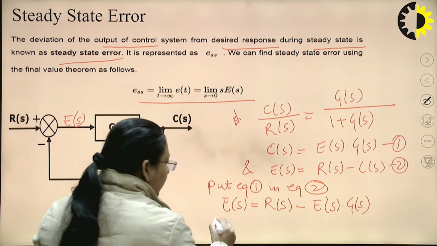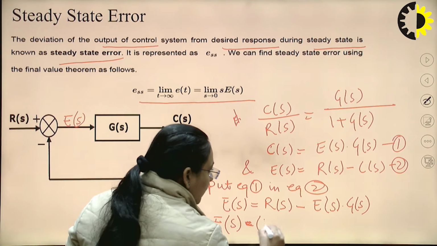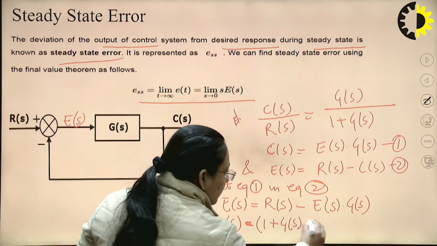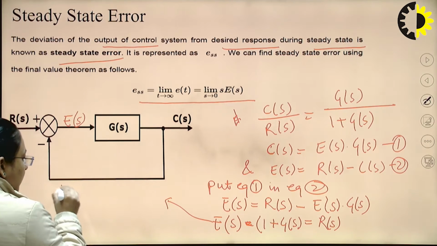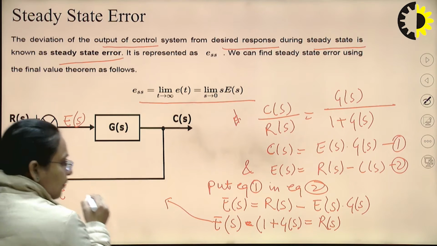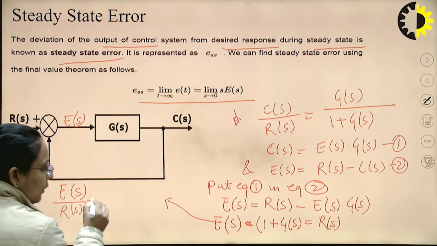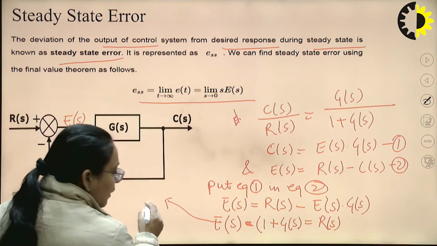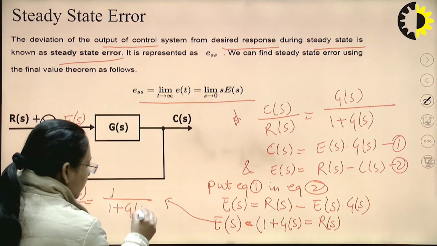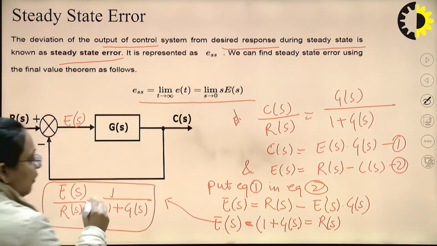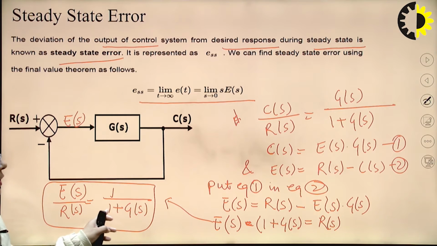From here we take E(s) common, so E(s) into 1 plus G(s) is equal to R(s). From here I can write E(s) upon R(s) will be equal to 1 upon 1 plus G(s), and so E(s) will be equal to R(s) into 1 upon 1 plus G(s).